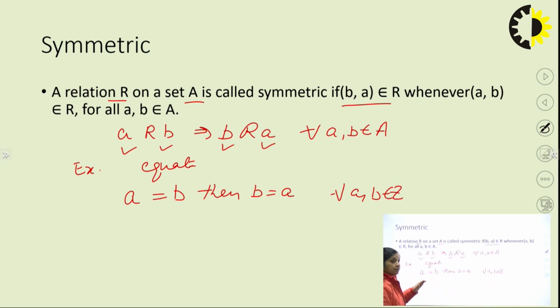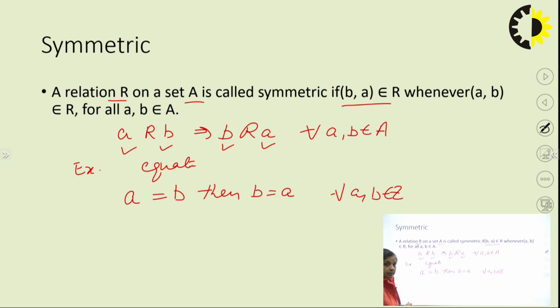So it is a symmetric relation. What is a symmetric relation? If A is related to B, then B is also related to A for all A, B belonging to the set A.